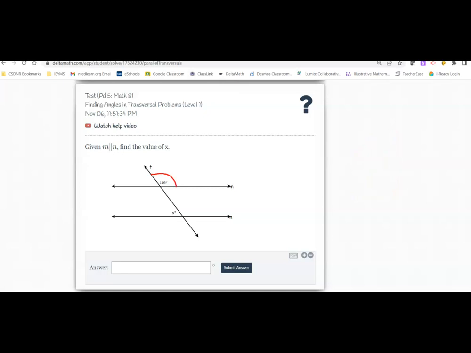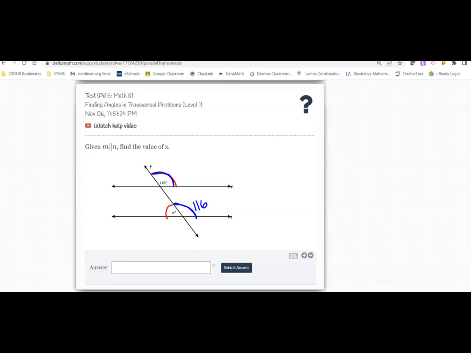Okay, obtuse, acute. Now, this angle up here, 116, it corresponds to this blank angle right here, but they're equal. So I know they didn't tell me how big this angle is, but because I know this angle corresponds to this blank one, I can write the number 116 there.